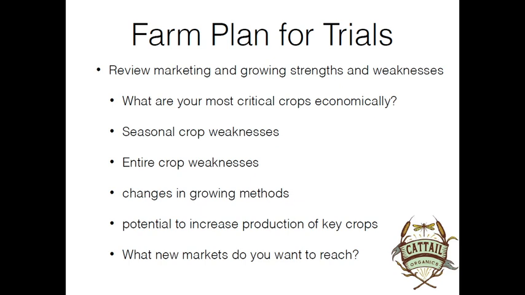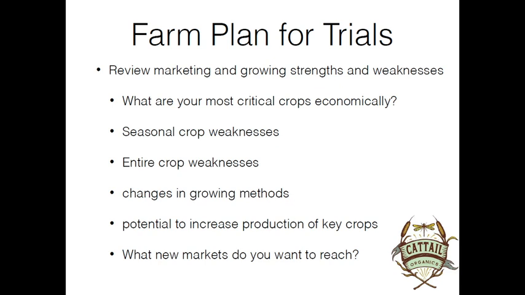If you make a ton of money on tomatoes, maybe it's a good idea to try to trial tomatoes and understand what are some of the best varieties that work in your system. At the same time, maybe you want to try something that's not that critical economically because it doesn't get as much attention as something like tomatoes, where there's a lot of effort put into determining what are the best varieties. So that one could go either way.